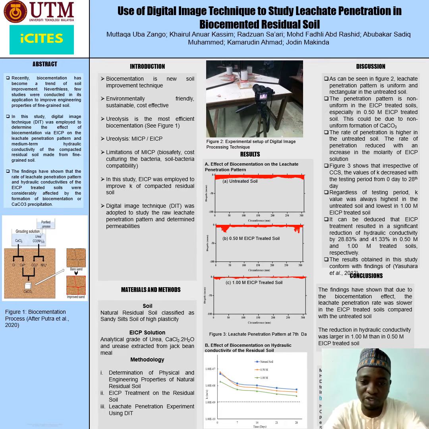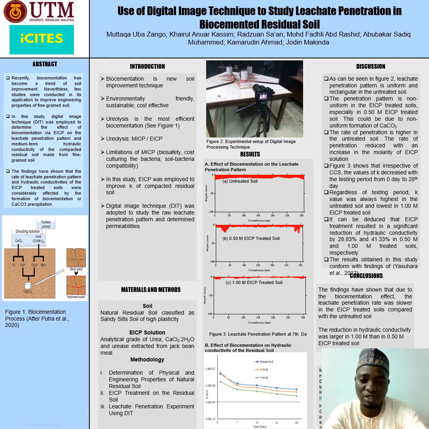Figure 3 shows the effect of biocementation on the leachate penetration pattern at 7 days. As we can see, the shape is rectangular in the untreated soil, but it is irregular in the EICP treated soils, and we can see the rate of penetration is higher in the untreated soil, while it is lower and reduces with the increase in concentration of cementation solution in the EICP treated soils.